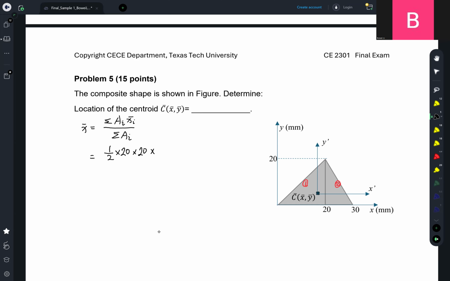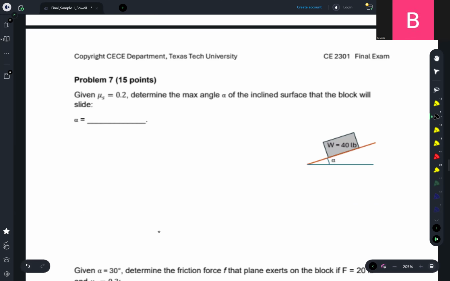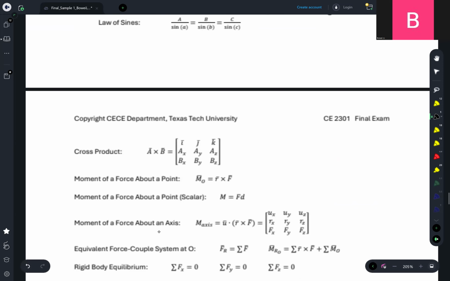For the formulas to calculate the centroid and locations for standard regular shapes, you can go to the appendix of the exam.